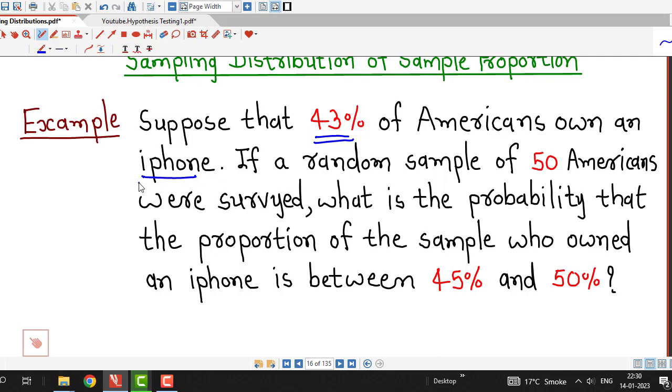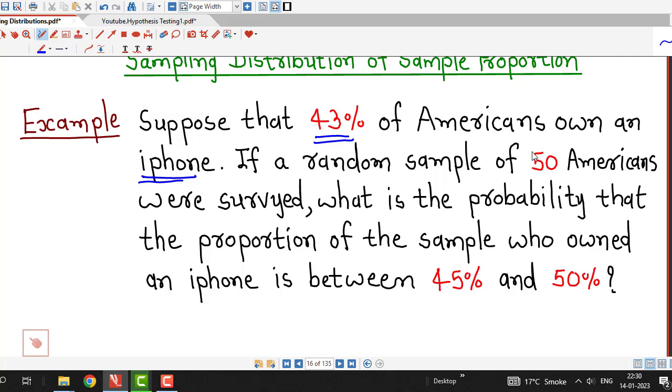So here the population is all the Americans. Our population is the set of all Americans, and the characteristic is owning an iPhone. It is given that the proportion of iPhone owners in the population is 0.43.